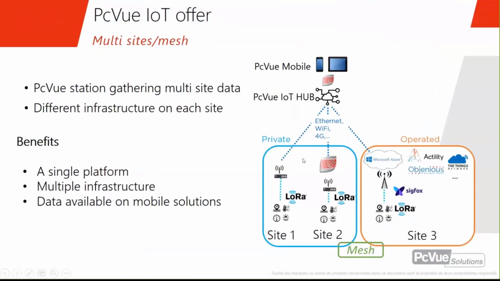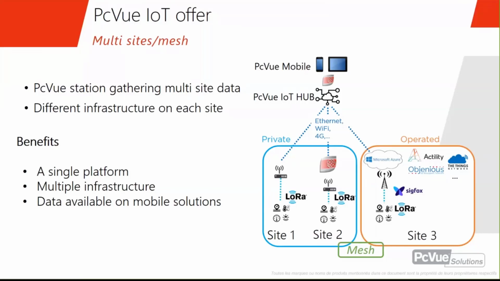And to end this presentation, I wanted to mention that PcVue IoT Hub is not exclusive. It means that when you install the PcVue platform, obviously you access the PcVue IoT Hub and you can connect any IoT devices or infrastructure, but you can also at the same time connect any other kind of devices like PLCs or other devices in other standard drivers like Siemens S7, Modbus IP, OPC, BACnet, and so on.